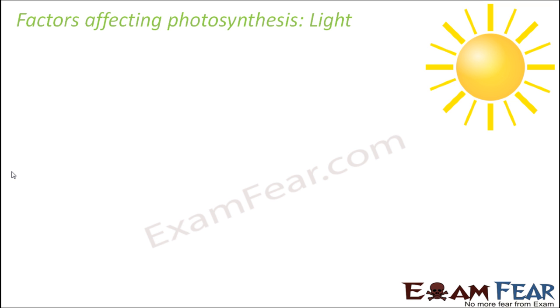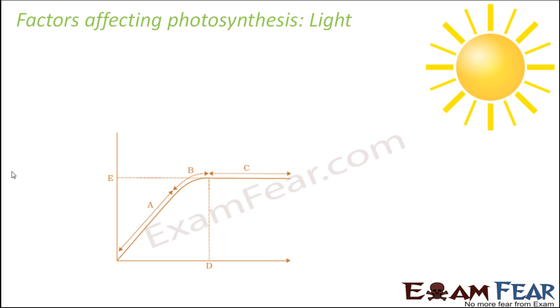If the intensity of light is increased, what will happen? Will the rate of photosynthesis also increase, or decrease, or will it have no effect? Let us have a quick look. This is how the rate of photosynthesis will change. The y-axis denotes the rate of photosynthesis and the x-axis denotes the light intensity.